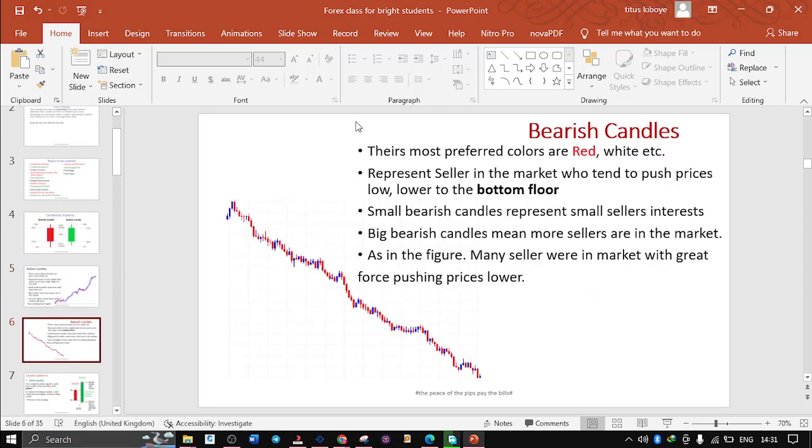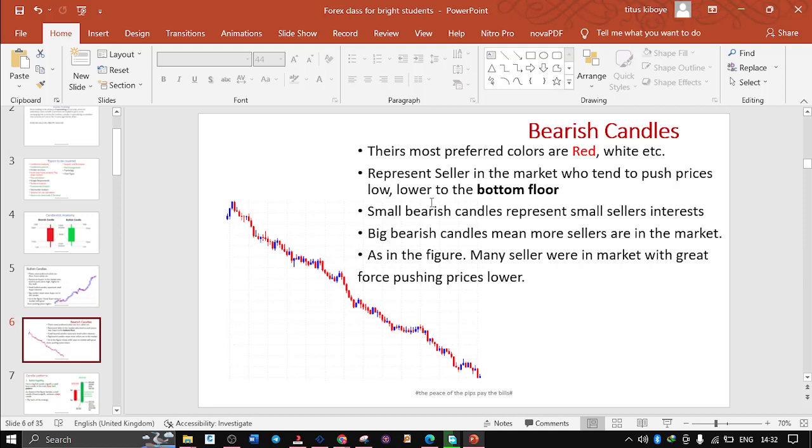For the bearish candle, the opposite is true. Their most preferred colors are red and white. They represent sellers in the market who tend to push prices lower, to the bottom, to the floor. A small bearish candle represents small seller interest, and big bearish candles represent more sellers in the market.